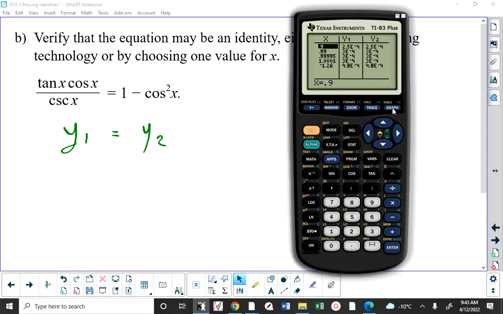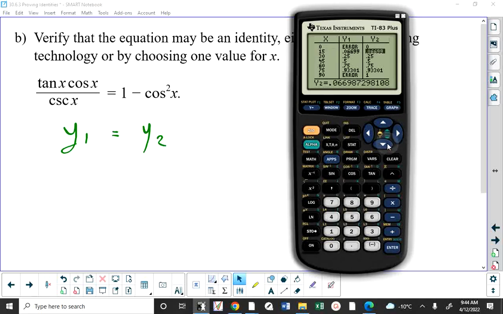I was doing some stuff in a calculus class yesterday, but I suppose what we could do is put our calculator into degrees, set up our table to start at 0 and go up by 15 automatically. It doesn't really matter, but multiples of 15 will hit 30 and 45 and 90, etc. So when you look at your table, y1 and y2 are always equal.